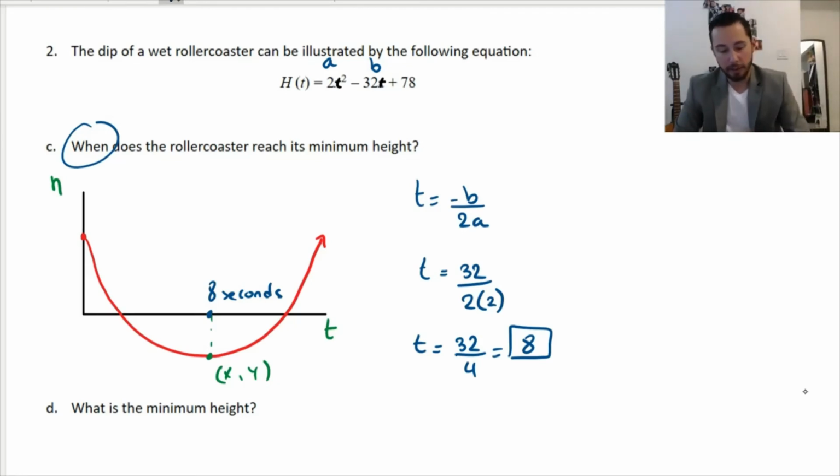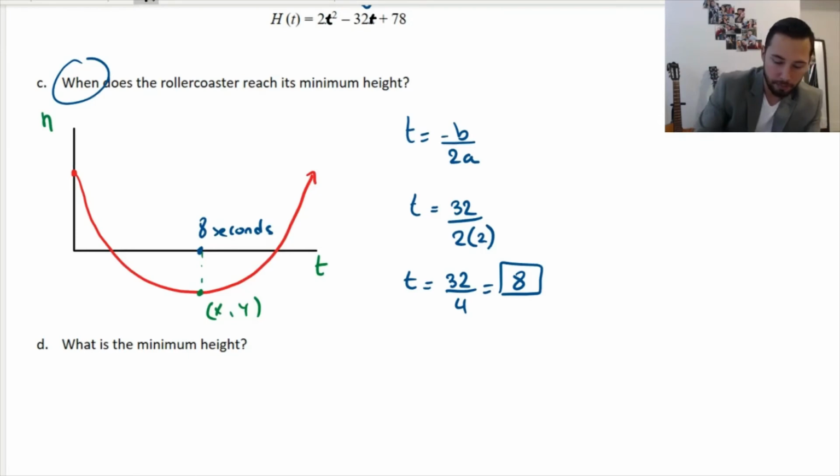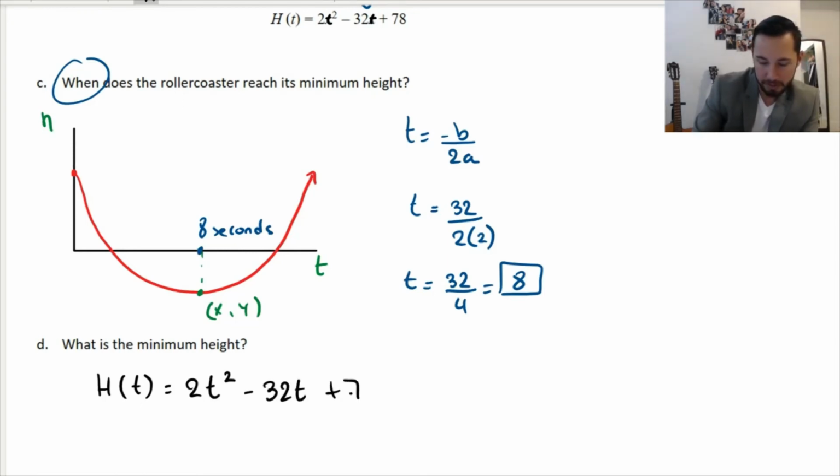The second question, again, is what is the minimum height? So I'm going to grab that x value, that t value, and plug it into my function. My function again was the height in terms of time is equal to 2t squared minus 32t plus 78.